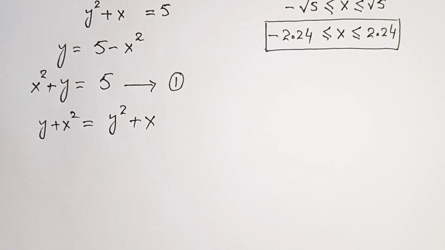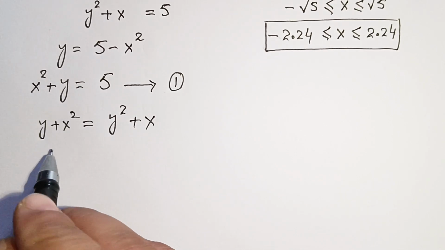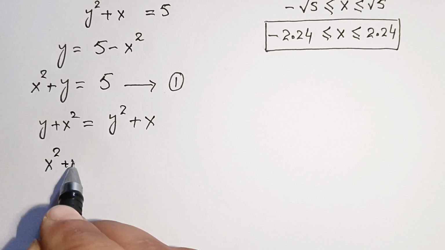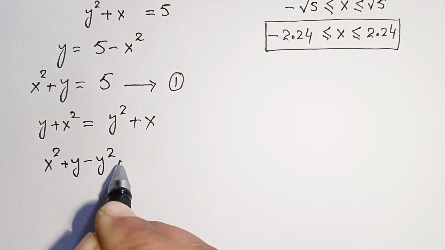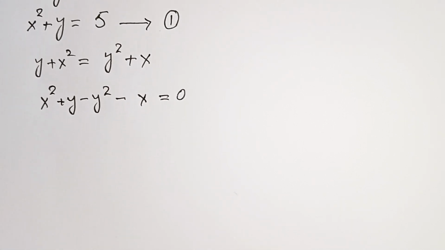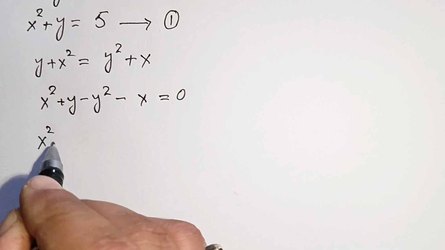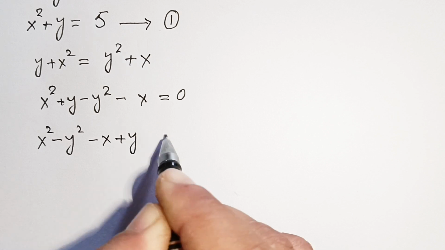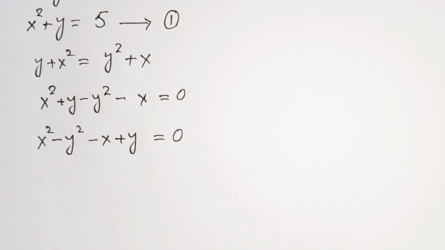Now shifting these two terms to our left hand side, we have x squared plus y minus y squared minus x is equal to 0. By rearranging, we get x squared minus y squared minus x plus y is equal to 0.